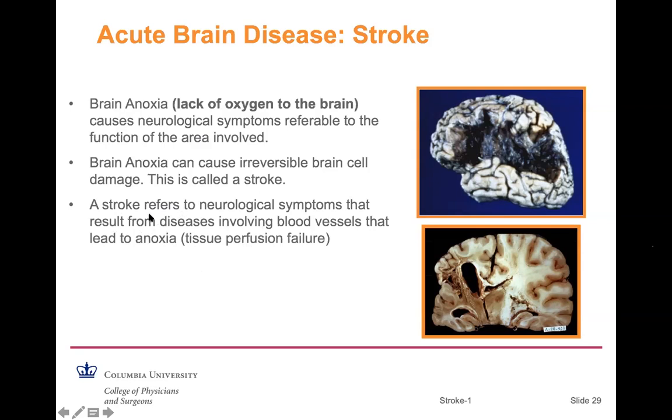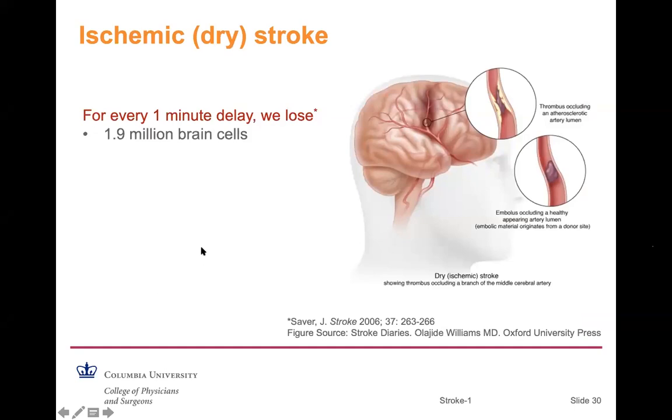And the reason why some people have very different symptoms of stroke, whether it's weakness of the arm or the leg or difficulty speaking, is because the function of those areas is impaired by that blocked artery that supplies it.